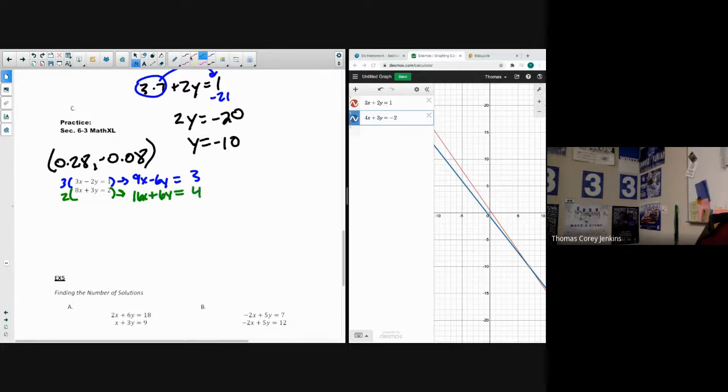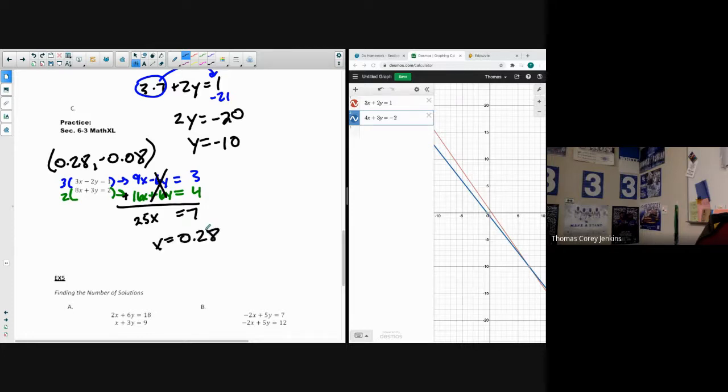Now we're ready to add them together, and we'll get that cancellation we're looking for. 9 plus 16 is 25, so we have 25x. We have 0y, and then equals 7. And then when you punch in 7 divided by 25, you're going to get that 0.28.